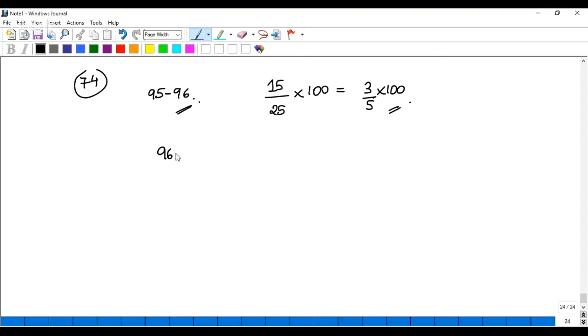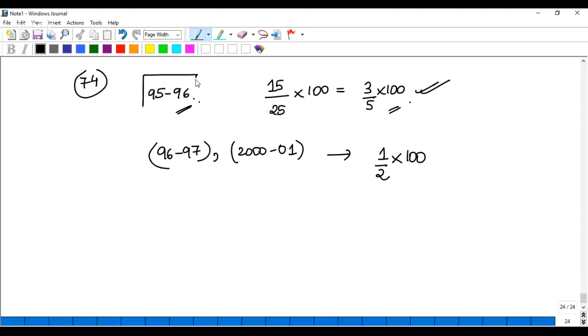And between 96, 97 and 2000 and 2001, you can see that both of them have a rate of increase of 1 by 2 into 100. So I can say that between 95 and 96, the rate of increase was greater. So the correct answer is D.